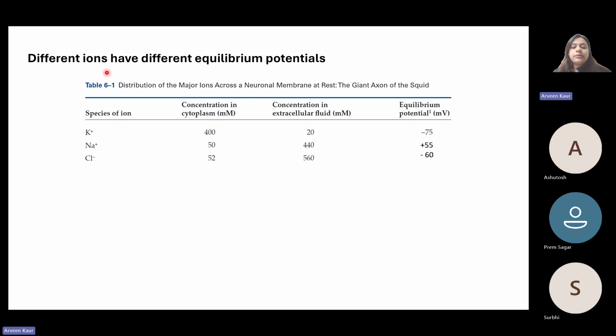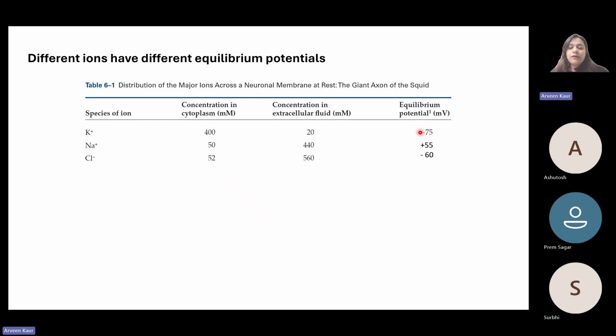Over here, what you should note is that different ions have different equilibrium potentials. For potassium, we saw that the equilibrium potential is minus 75. For sodium, it is plus 55, and for chloride, it is minus 60. These are the major ions in terms of how much of the ion is present.